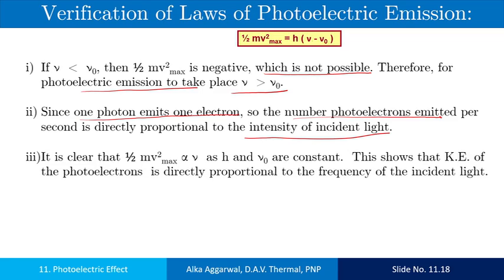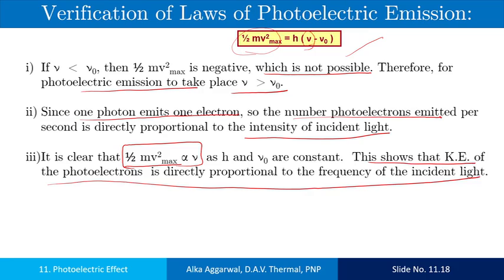Third, that is the energy of the photoelectron is directly proportional to the frequency. Higher is the frequency, more will be the energy. It shows that the kinetic energy of the photoelectron is directly proportional to the frequency of the incident light.